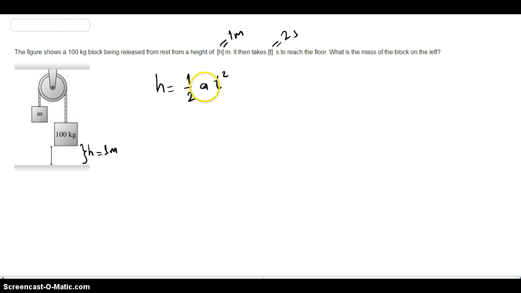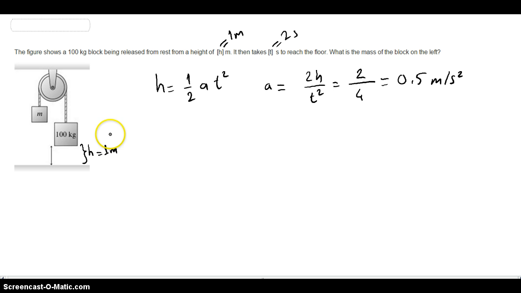From this, it is very easy to solve for the acceleration. It is 2h divided by t squared, and 2h is 2 meters, and t squared is 4 seconds squared, so we have the acceleration as 0.5 meters per second squared. So this is the acceleration of the system.